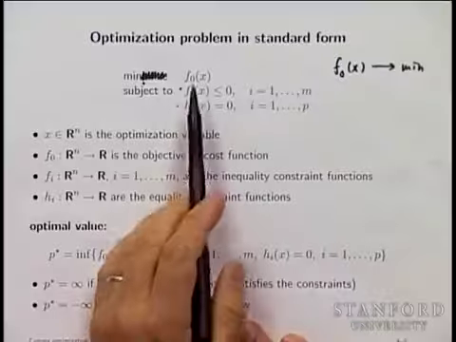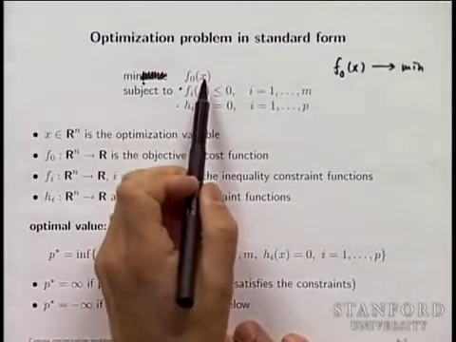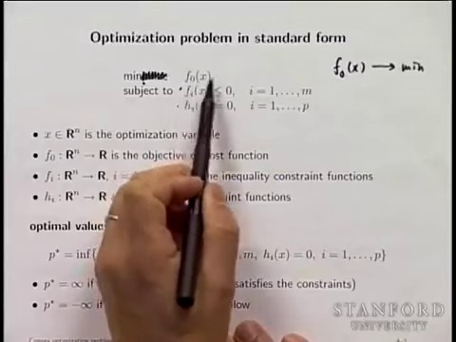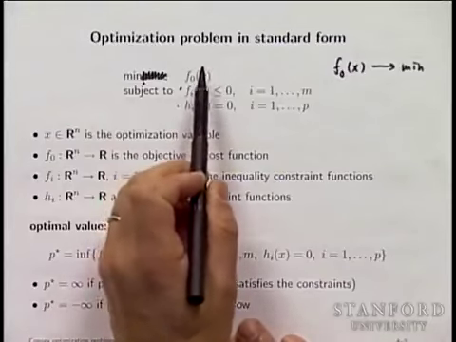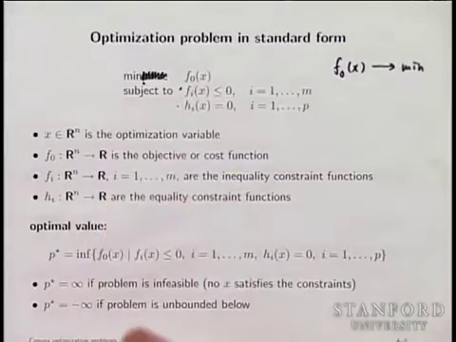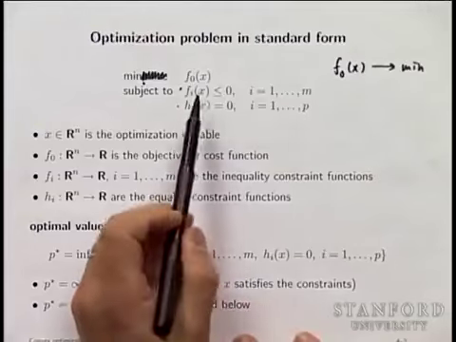Now, on the other hand, this can be minus infinity. That would be the case if there were a sequence of x's, all feasible, with f0 of xk going to minus infinity. By the way, in different fields this is referred to in different ways. For example, in risk-sensitive estimation, they have a wonderful name for it.